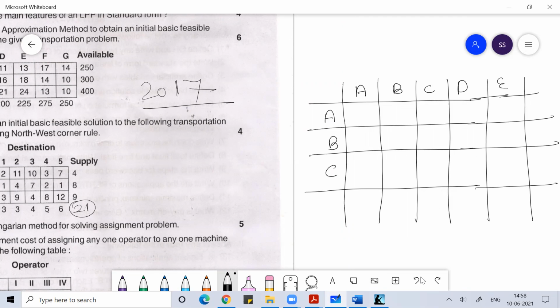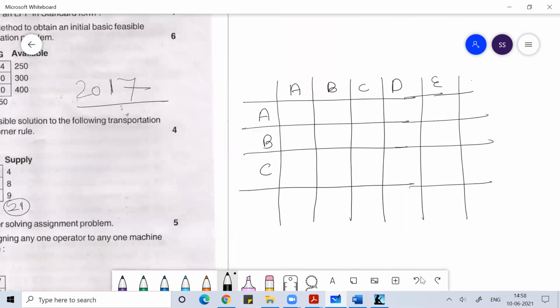And the supply we always write vertically. Supply is 4, 8, 9. The total is 21. Already I checked the sum is correct.